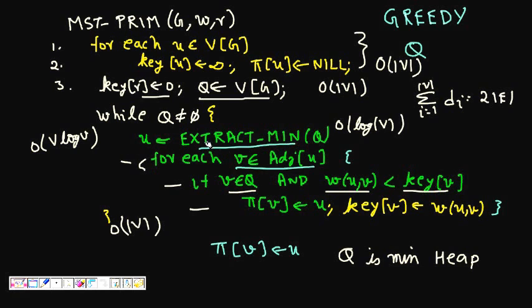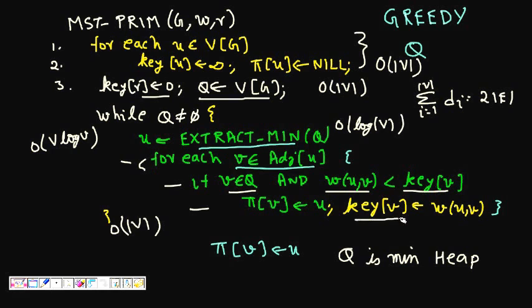So extract min, let's try to see. This while loop will run V times, so extract min will take V log V time overall, because we have to do extract min V times. Then for each V adjacent to U, this inner loop will run overall twice the number of edges times.